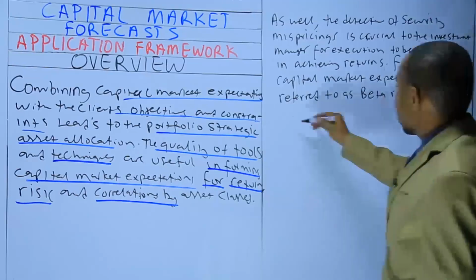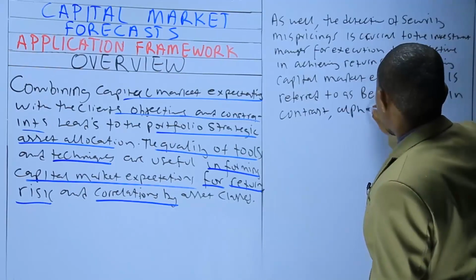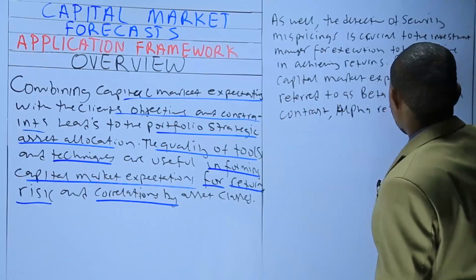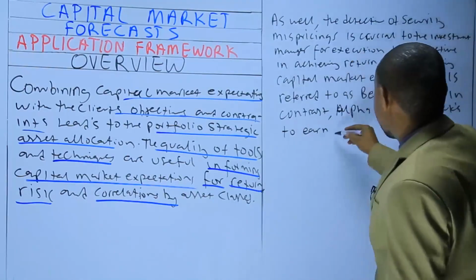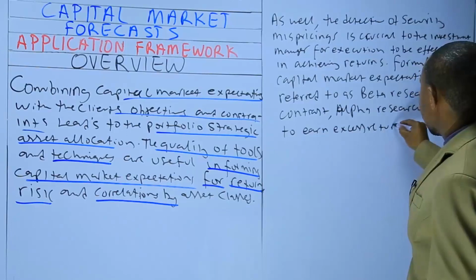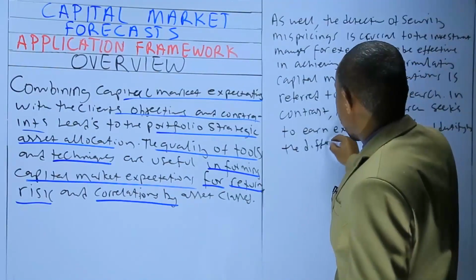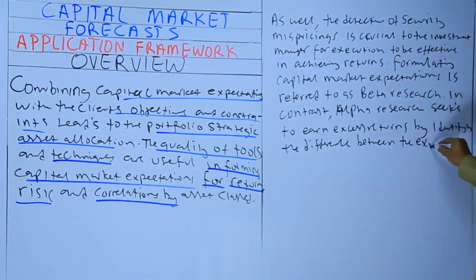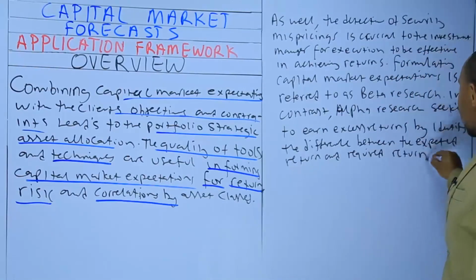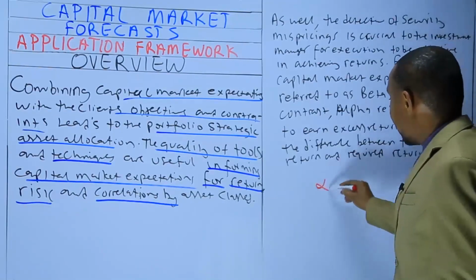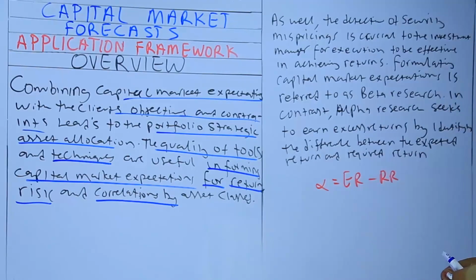In contrast, we say alpha research, put a capital A, alpha research seeks to earn excess returns by identifying the difference between the expected return and required return. So to generate alpha, we take the expected return minus the required return, and you get the excess return.